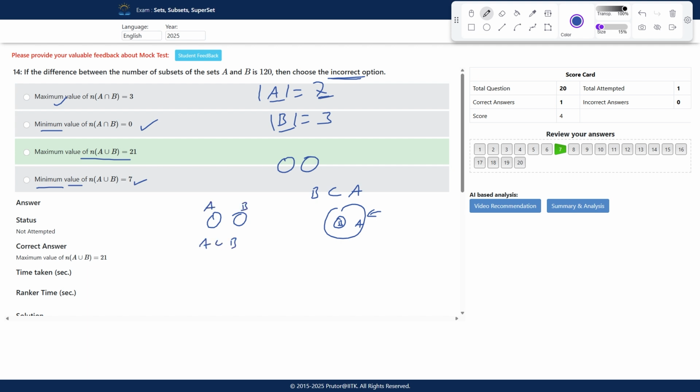Now A union B will have how many elements? The total elements from this and the total elements from this, so you will have a total of 10 elements. I hope this is clear. So there is no case where you get the number of elements in the union set as 21. So this is incorrect. Option C will be the incorrect one. I hope this is clear.